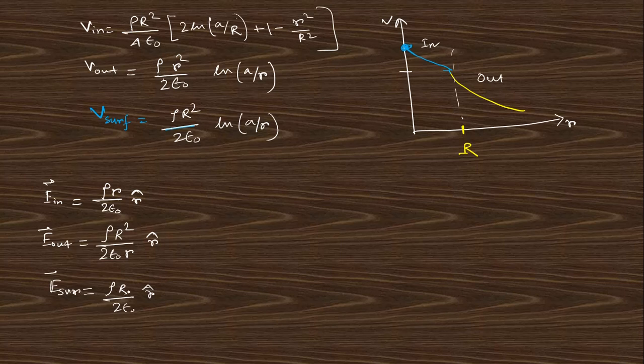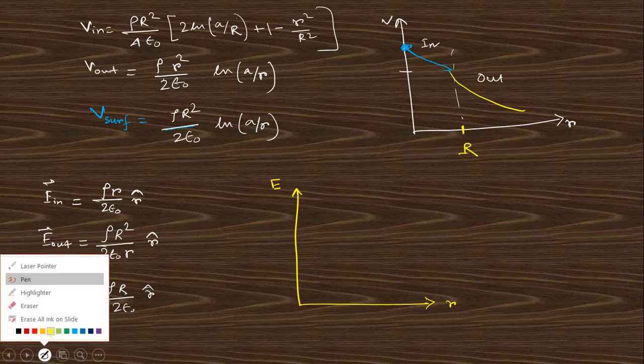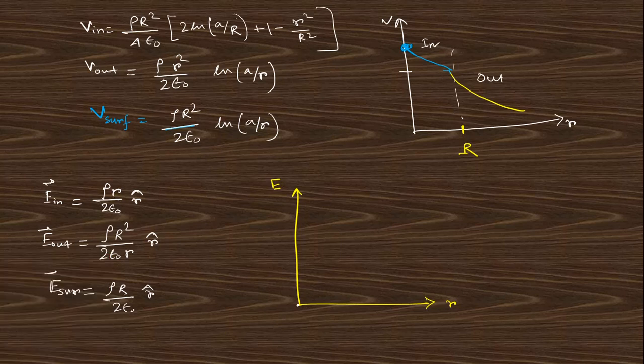Clear? So if we want to draw the curve, that is r and that is E. At r equals 0, the electric field will be 0. With increasing r, the electric field increases linearly, up to the surface, where it will be rho r by 2 epsilon naught at r equals R. Then if we increase r, it falls down as 1 by r.